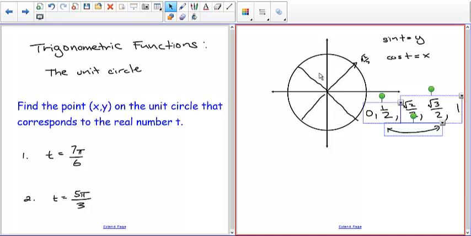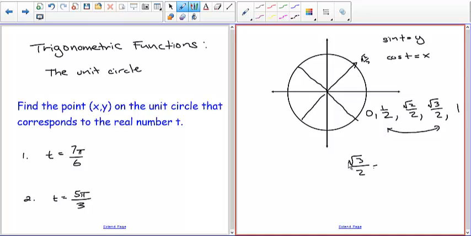And to figure out whether it's a half or square root of 3 over 2, the actual numerical value of square root of 3 over 2 is equal to 0.866. So it's very close to 1. So if you go over here to pi over 6, which is here, you'll notice that if I go down, the x value is very close to 1, whereas the y value is about a half.